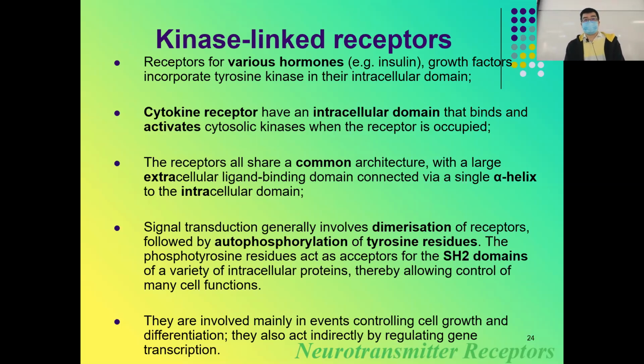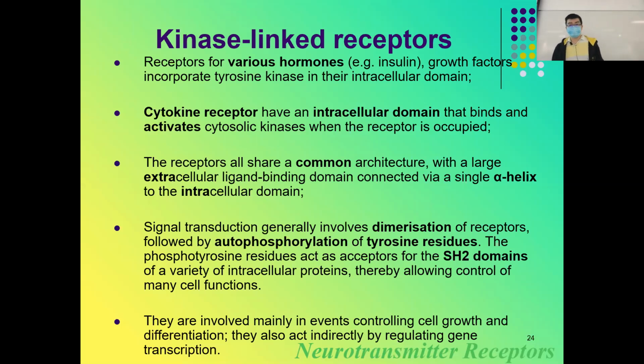Now, the receptors share a common architecture: the extracellular ligand binding domain, then a single helix going through the membrane, and then the intracellular domain. The intracellular domain has a characteristic tyrosine kinase.